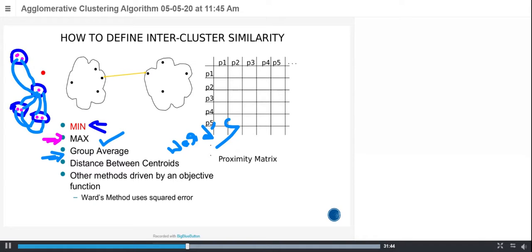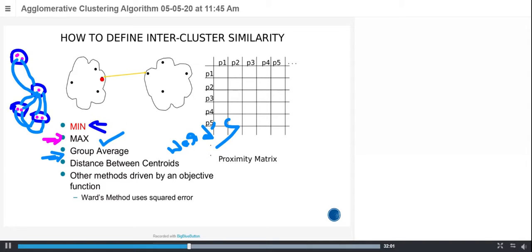Once you find out the distances, then you are going to select which distance is the minimum distance. Then you are going to choose those two clusters for our merging operation. This is the different techniques we are going to use to achieve the merge operation between the clusters.